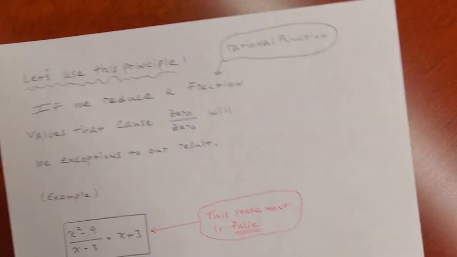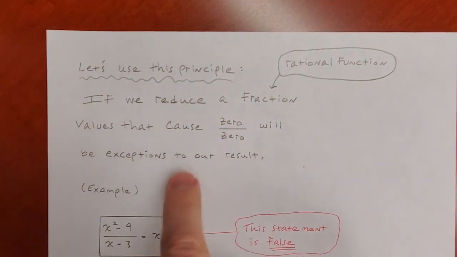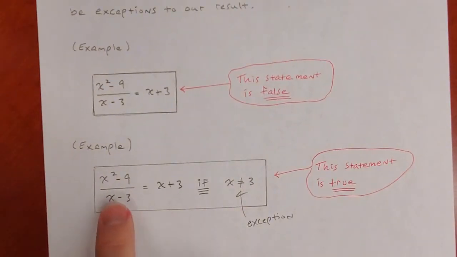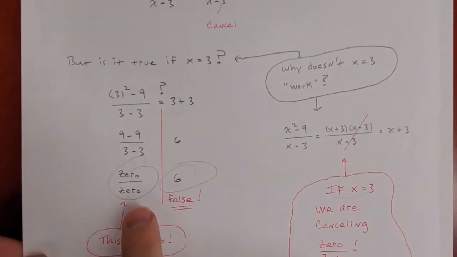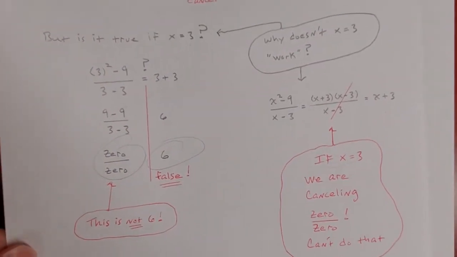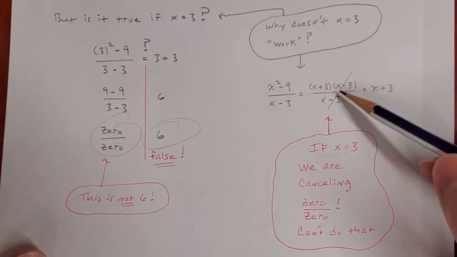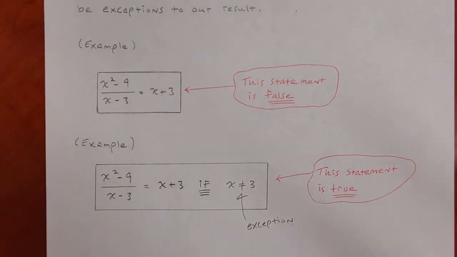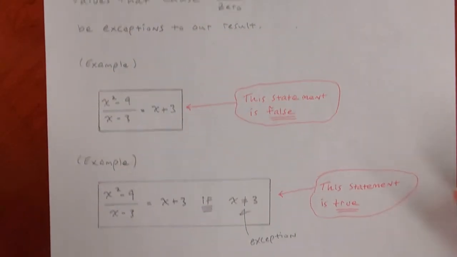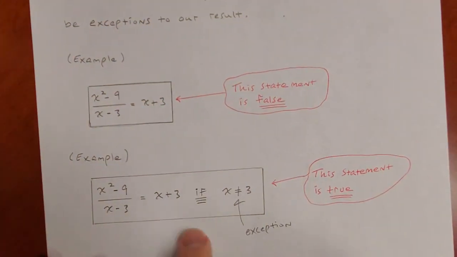Remember I said values that cause 0 over 0 will be exceptions to our result. Yeah, you can reduce this to this, but there's my exception. Where did the 3 come from? Why is that the exception? Well, on one hand, it just doesn't work. On the other hand, it's the value of x that will lead to canceling 0 over 0. So those are the ways you can think about it. Okay, so false statement, true statement.